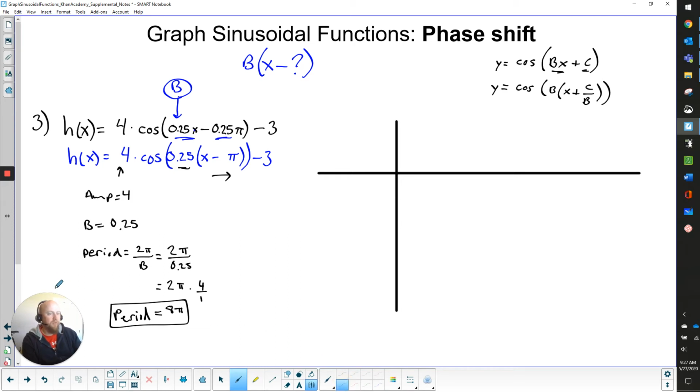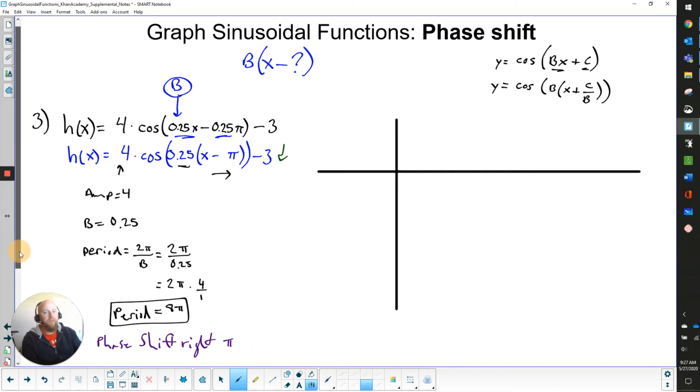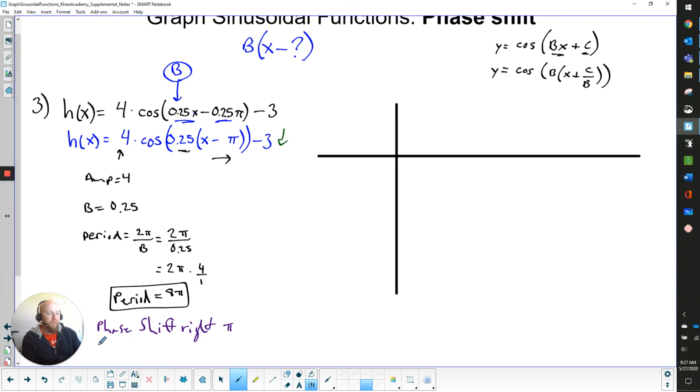It just makes it easier to see. We also have the midline adjustment, or vertical shift.